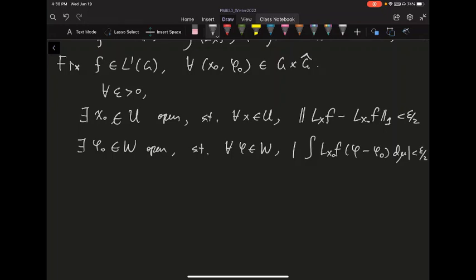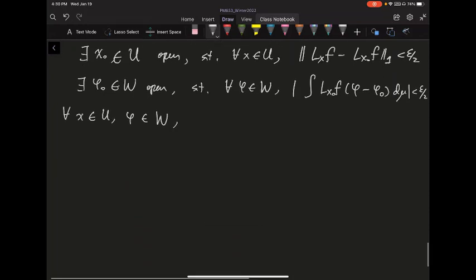That's coming from the weak star topology. All right, so now we have these two estimates, so let's consider every x inside this U and phi inside W. Then what do I have?